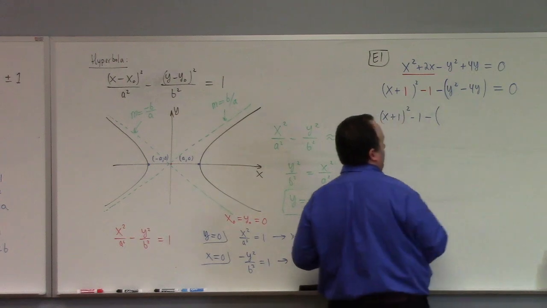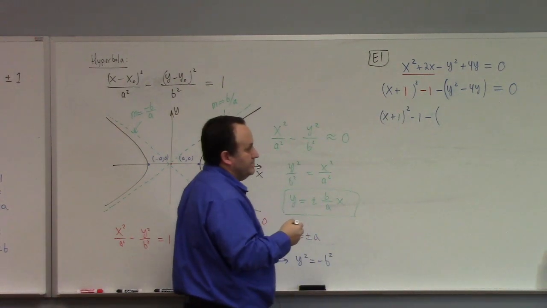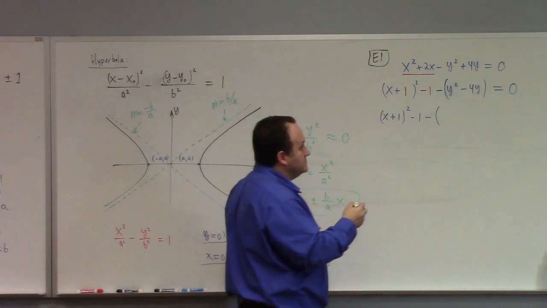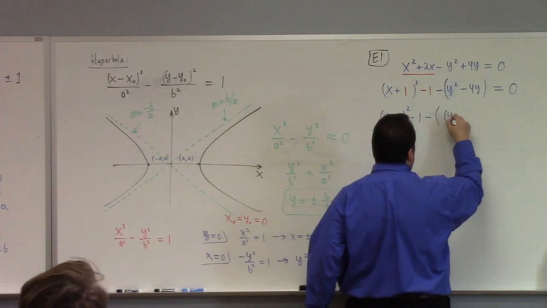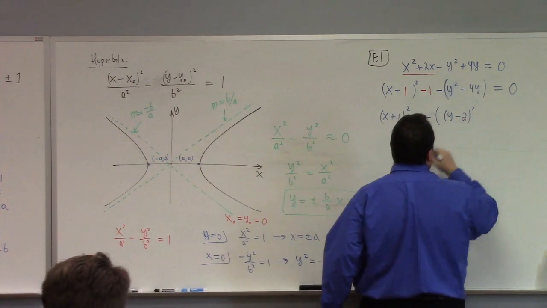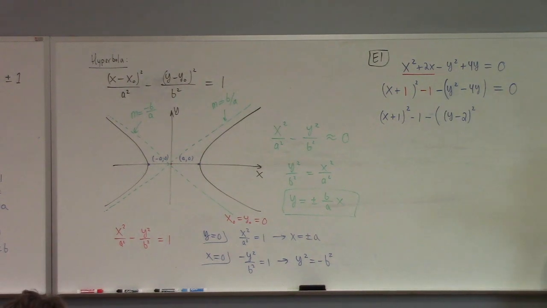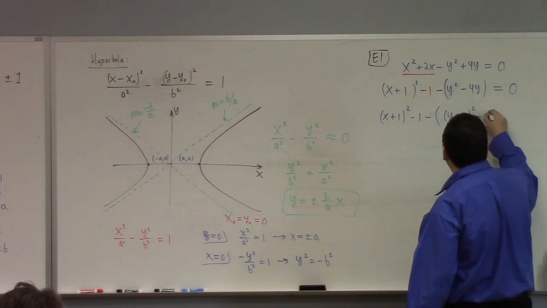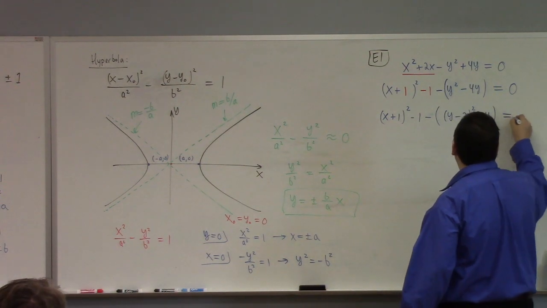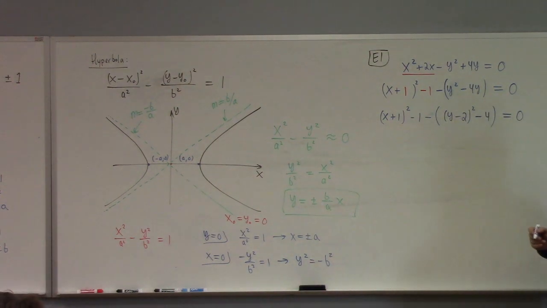So complete the square on the y there. What do you got? y minus 2, right? And then what? So that means we've added 4. So to be fair, we have to take away the 4. So minus 4 equal to 0. All right, so what are we looking at?